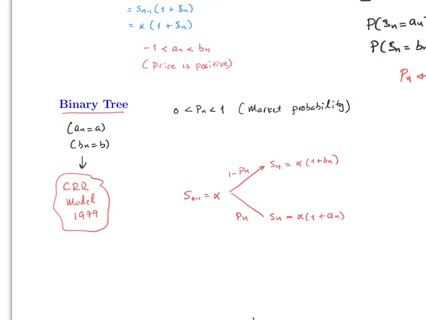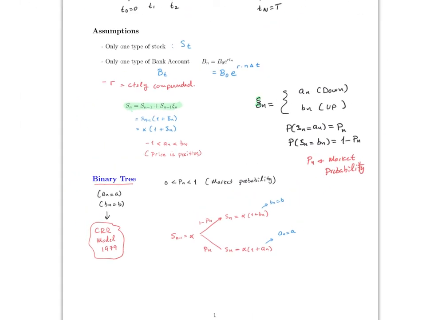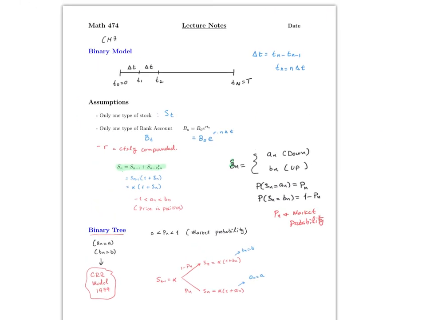And remember that b_n is just going to be b for now, and a_n will be equal to a. So it's not going to change at each step. Otherwise, if we were doing multiple steps, the value for a_n here could be different than here and so forth. So this will assume that the value will be the same.